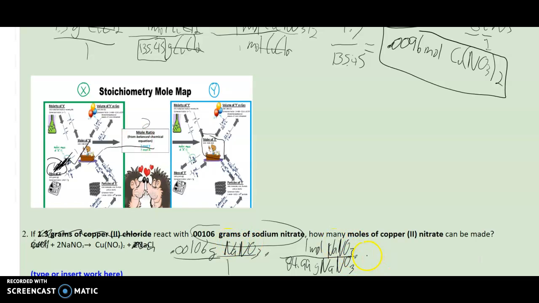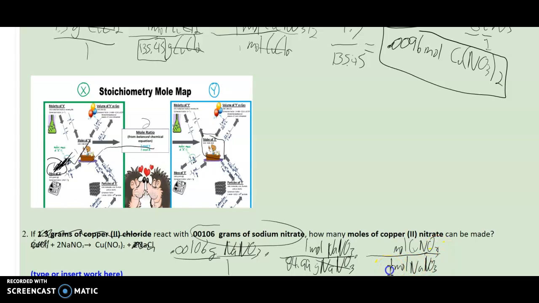Now I'm here, my mole ratio. Put the mole of what I started with, 1 mole NaNO3, and the mole of the thing I'm looking for on the top, which is, what am I looking for? Copper 2 nitrate, so mole CuNO3.